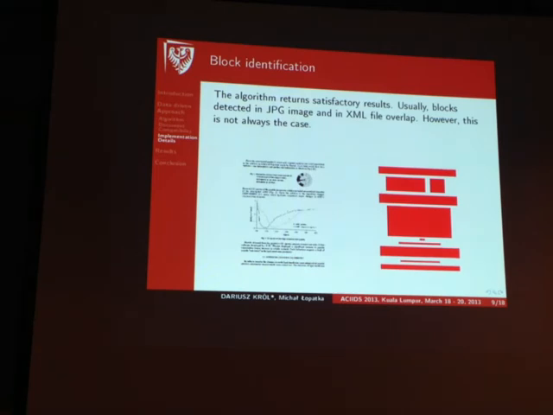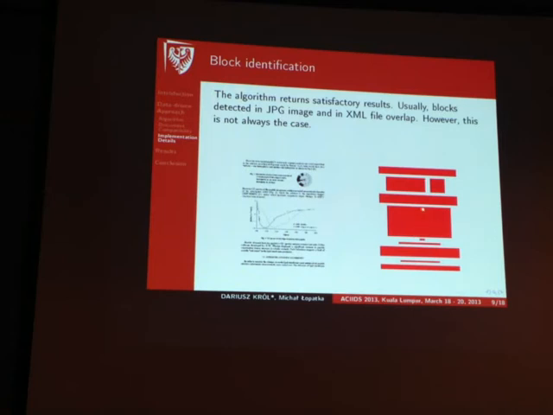The first result is to recognize the blocks from the JPEG image and the XML file overlap the blocks. We can see, for example here, that this is one mistake. You see where?